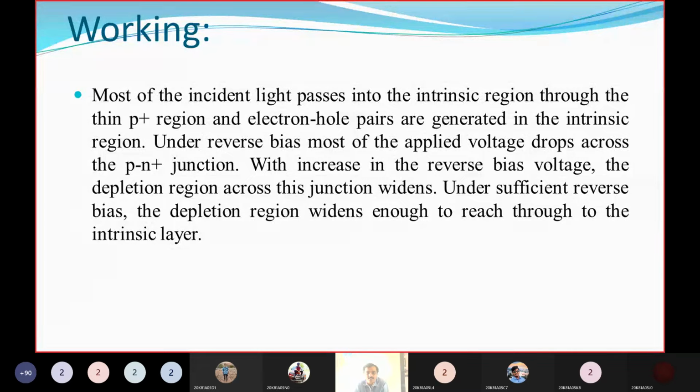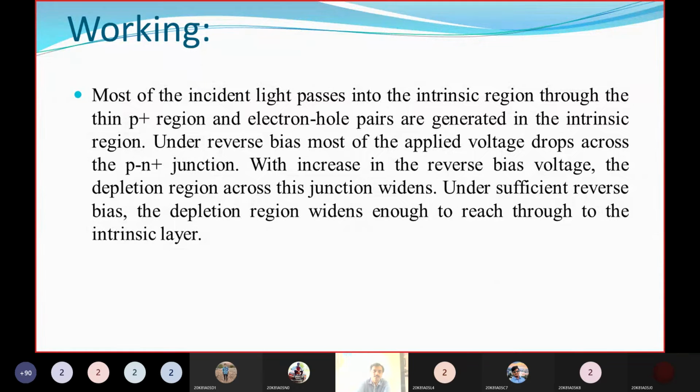Under sufficient reverse bias, the depletion region widens enough to reach through to the intrinsic layer. If you give sufficient energy, the width of the depletion layer increases more than the intrinsic region.